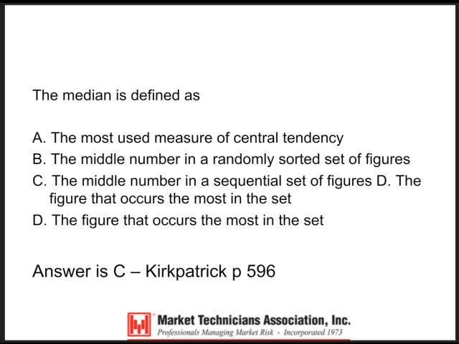So something sorted low to high, we're going to take the middle point, and that middle point could be off from the average of the set of observations. And then if you have an even number, you're going to take the average of those two in the middle. But the median is certainly the one that's the middle number in a sequential set of figures. Sorry for the typo there, but D is just typed twice there.